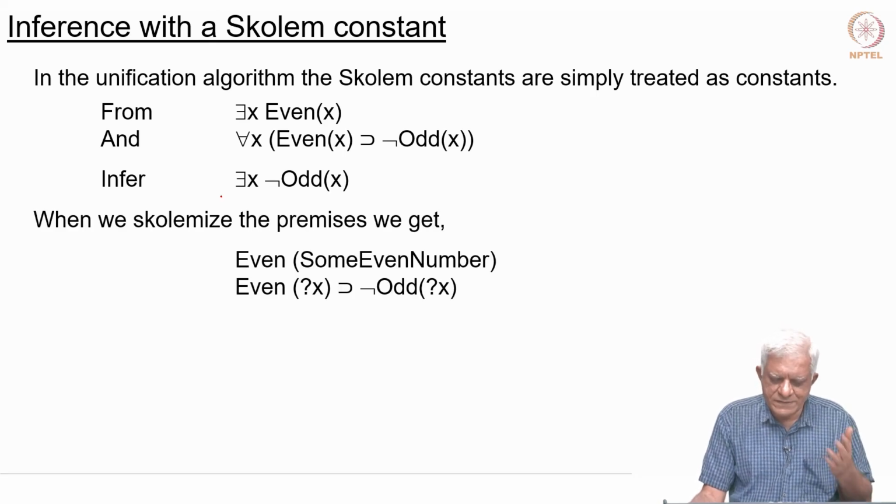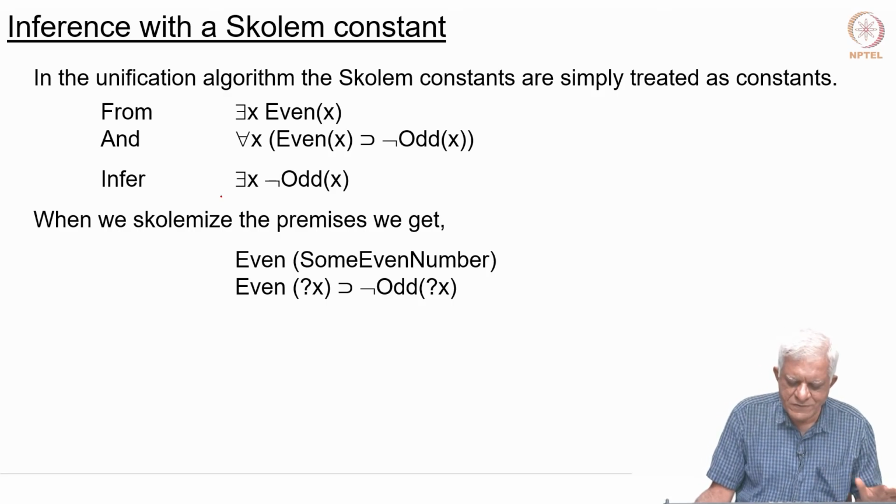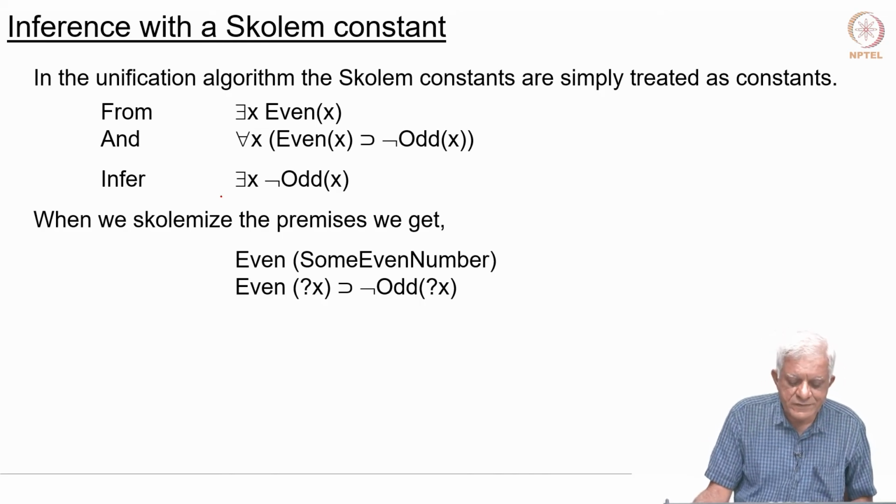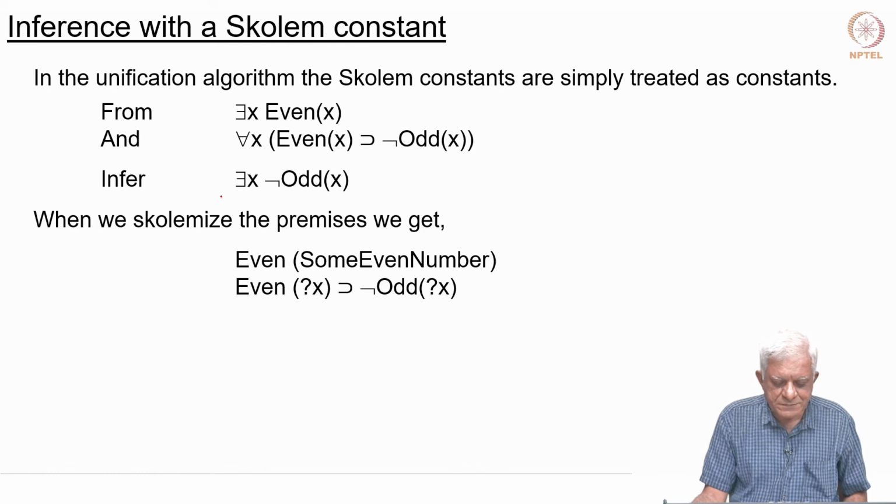We Skolemize them as follows. The first one says some even number. So, instead of using an SK name, I have just used a name like this. So, there is some Skolem constant which is an even number. The Skolem constant is a constant, we do not know what it points to. All it says is that there is something in the domain which satisfies this property.